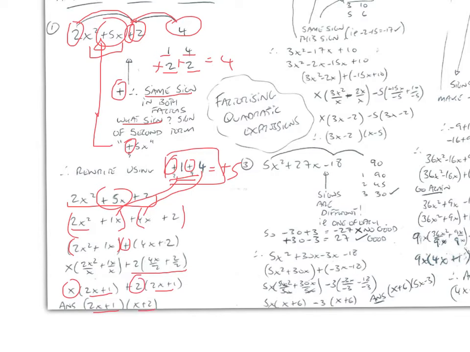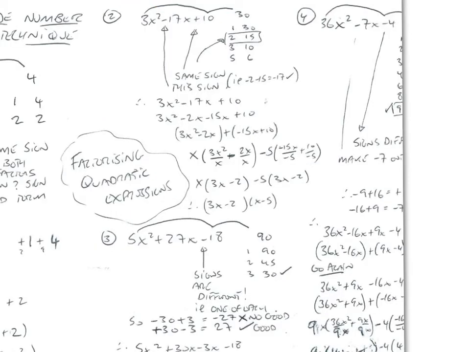So the factors of this expression are 2x plus 1 and x plus 2. If you were to multiply them out, you'd get 2x squared plus 4x plus 1x plus 2, which is equal to 2x squared plus 5x plus 2, what we were looking for.